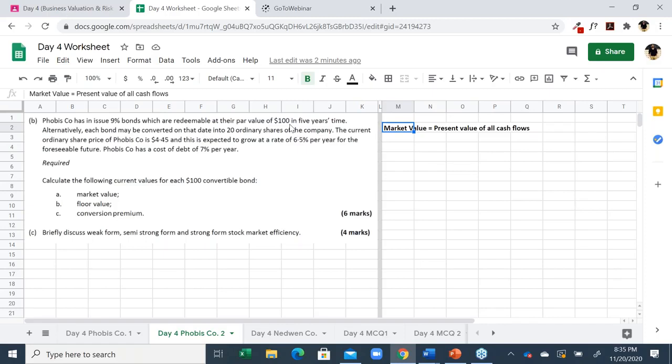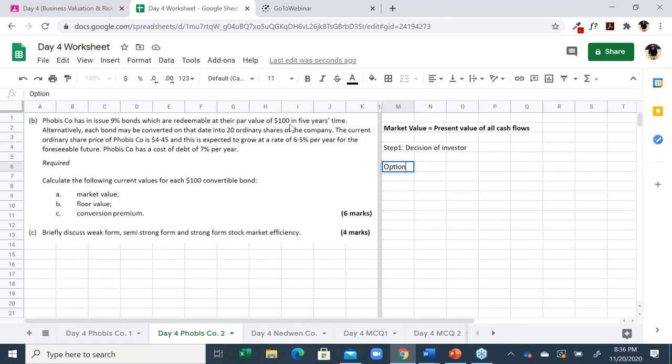So in case of a convertible debenture or loan note, we have to first find out what the decision of the investor is most likely to be. So what are the options available for the investor?